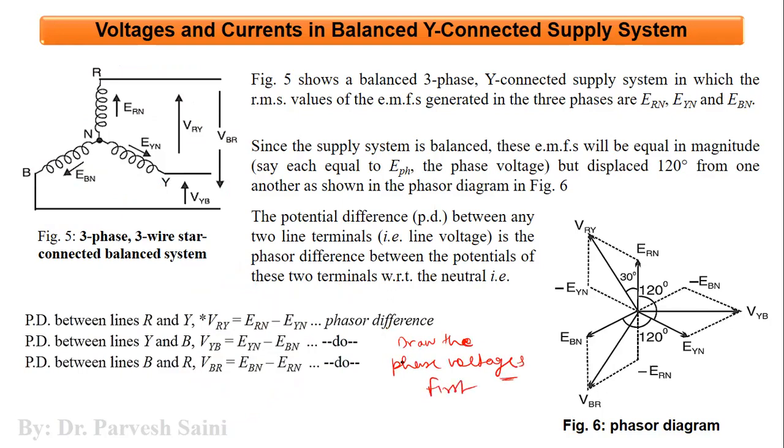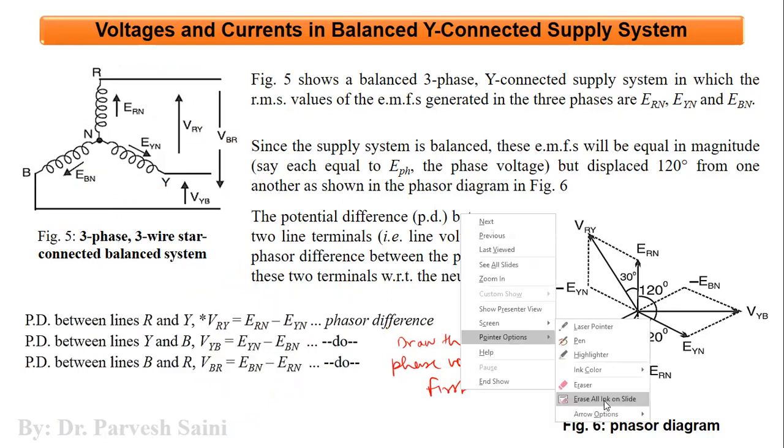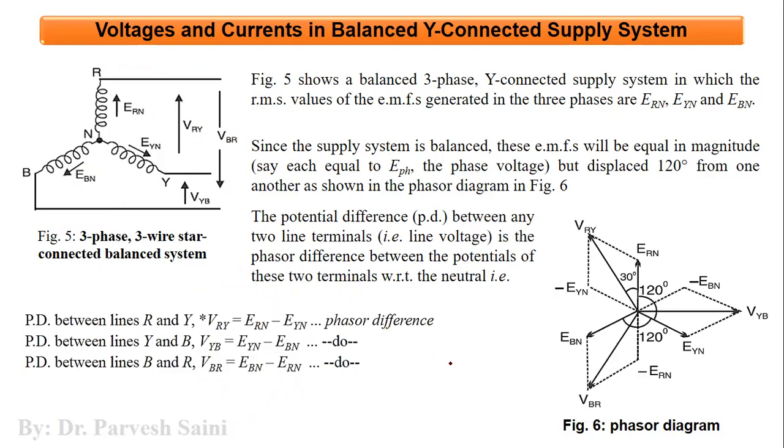Because there are three phase voltages, you can draw it like this. This is one way of representing; I am showing it in a different way. Let us say this is EYN, this is ERN, and this is EBN. So these three are the phase voltages.